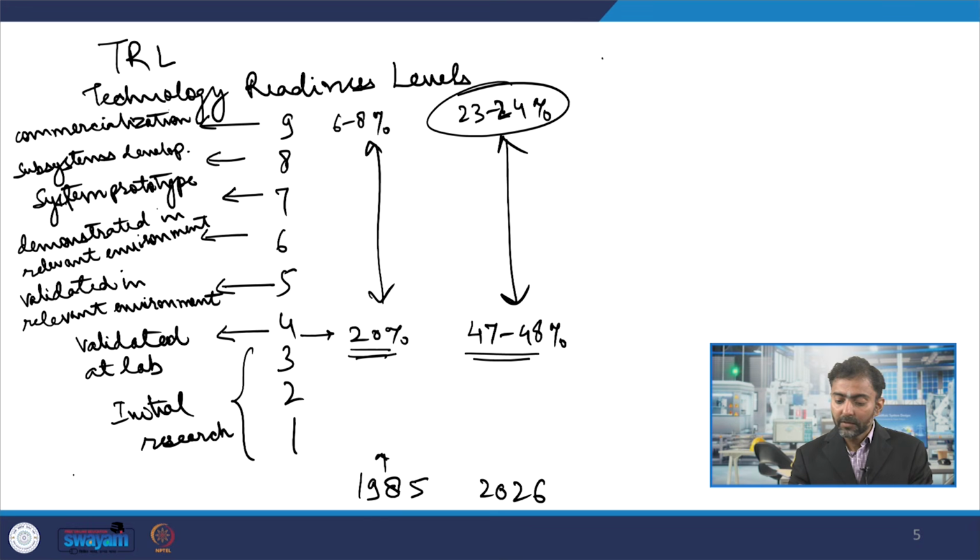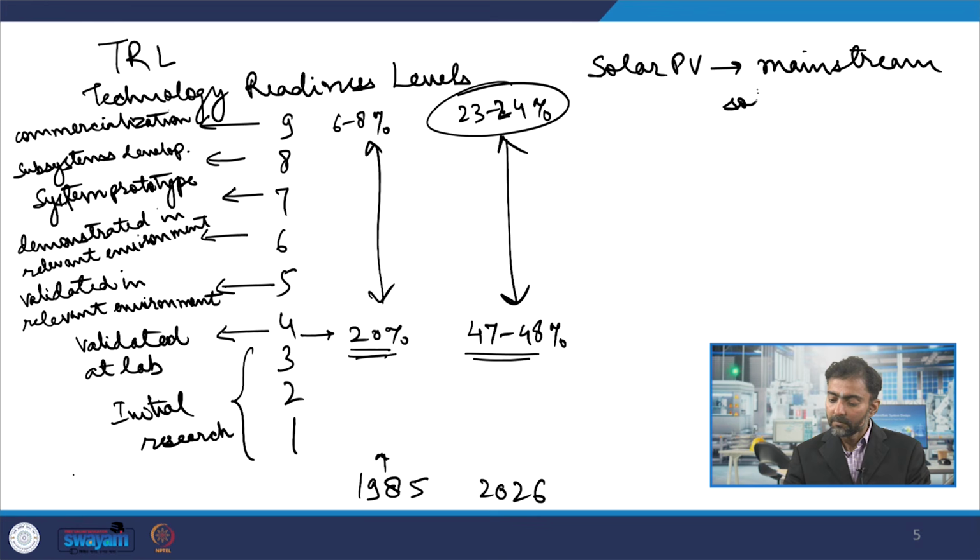At present times, it is a mainstream source of power. It's no more a fringe source. It's a mainstream source of power in a lot of countries across the world, India being one of them. It's no more a non-conventional energy source. It's very much one of the mainstream sources of power.